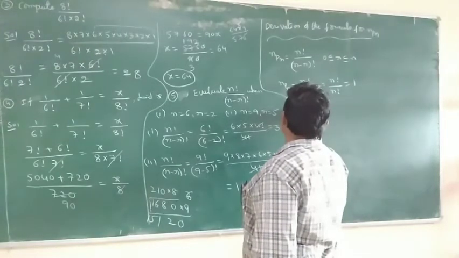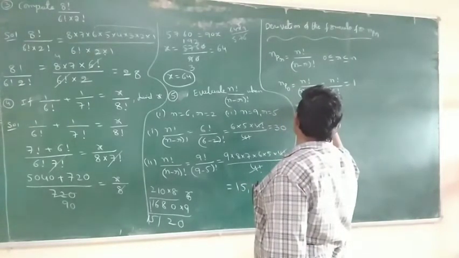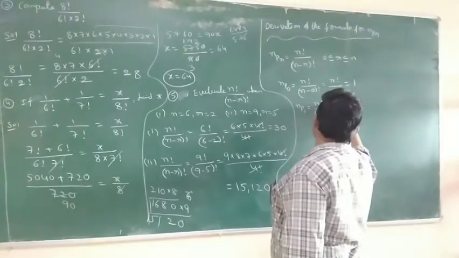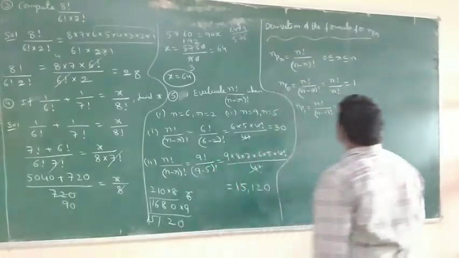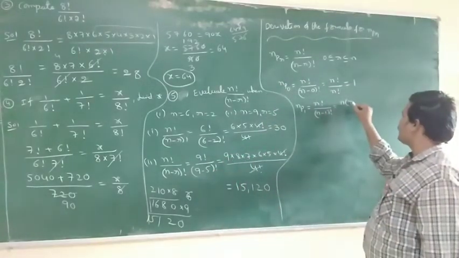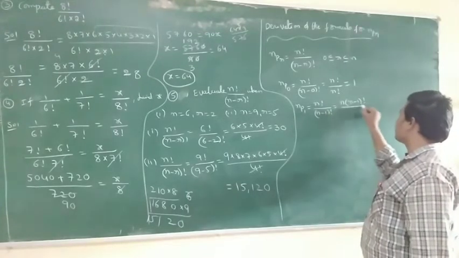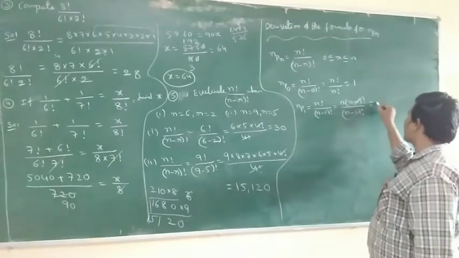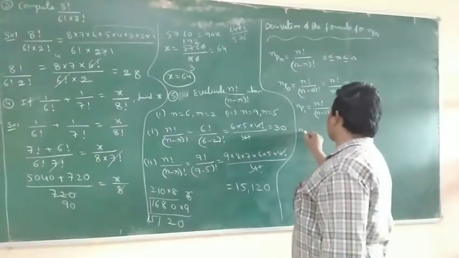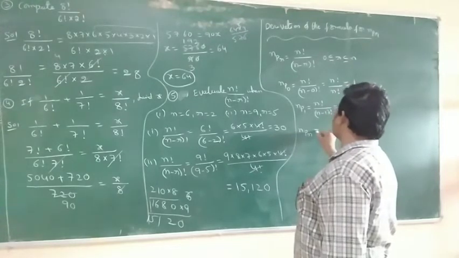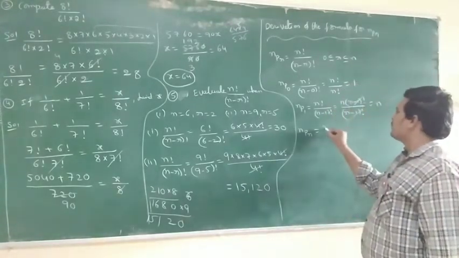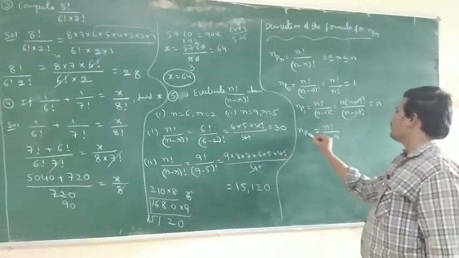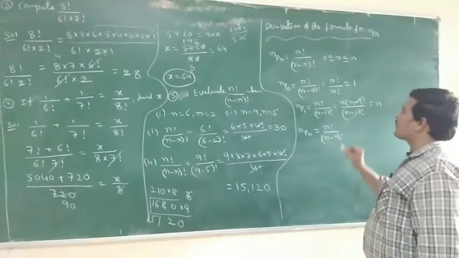Next, nP1 is equal to n factorial by n minus 1 factorial. n factorial is expanded into n into n minus 1 factorial by n minus 1 factorial. n minus 1 factorial cancels, and the result is equal to n. Next, nPn is equal to n factorial by n minus n factorial.